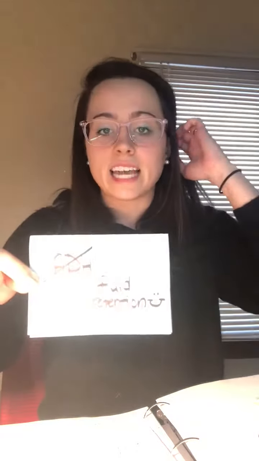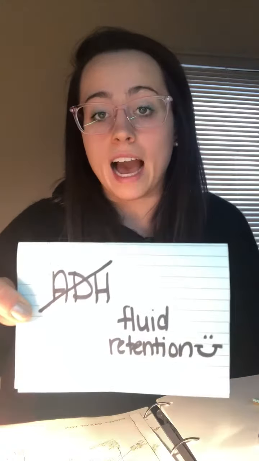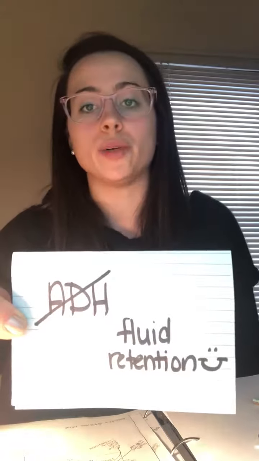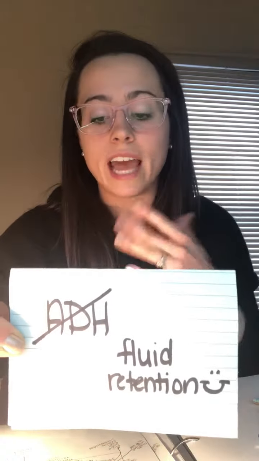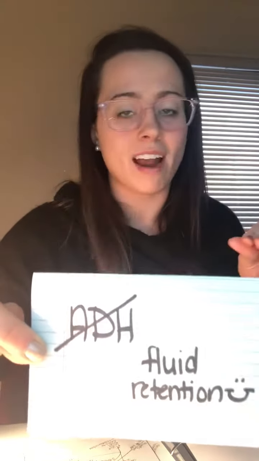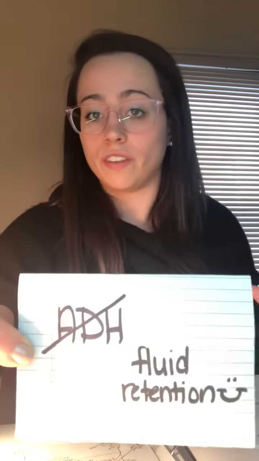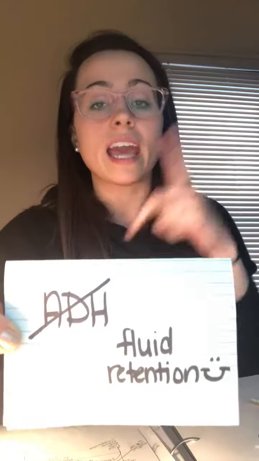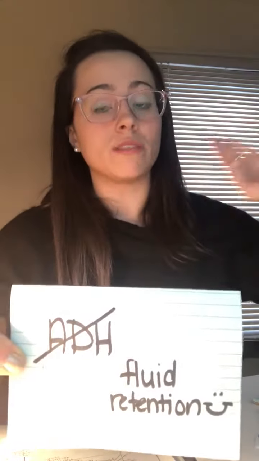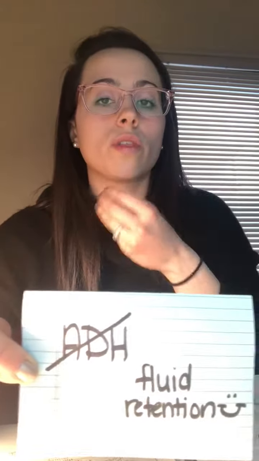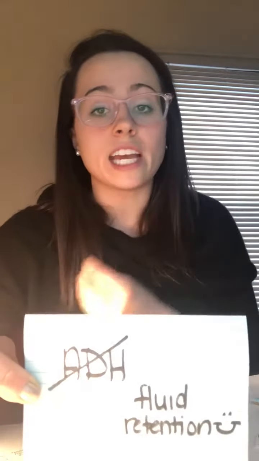I think SIADH and DI get very confusing because you have the words increased, decreased, and you have anti-diuretic. It all gets very shuffled and confusing. So I think if you take ADH, put it in your mind that that's what's involved, but think of it more so in terms of ADH equals fluid retention.